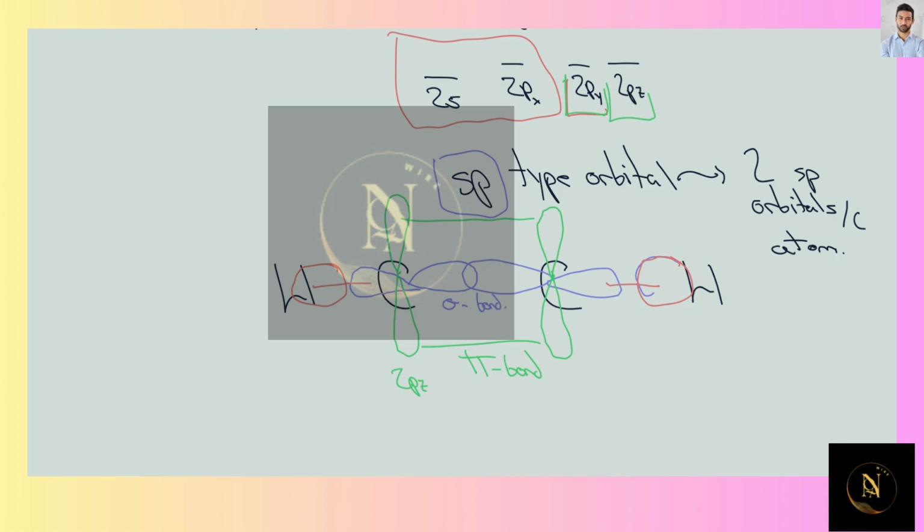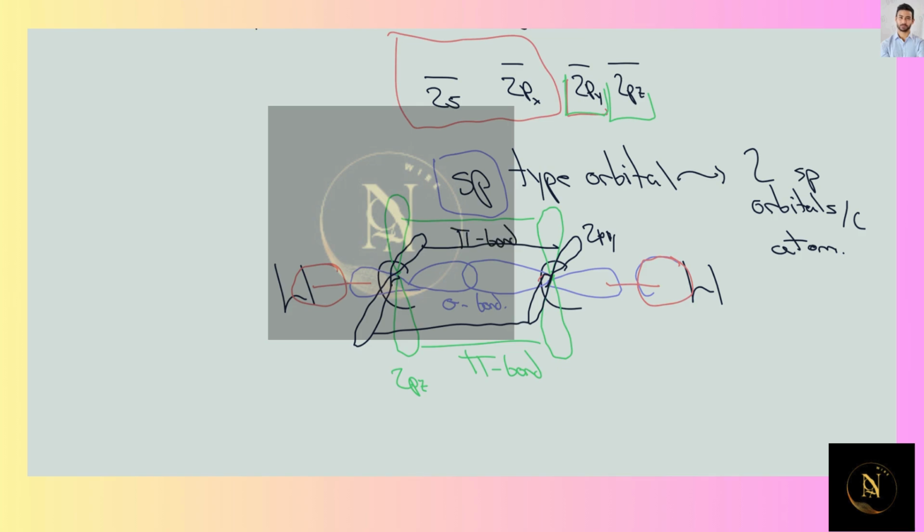And additionally, we're going to have the 2py orbital. I'm going to put it in black, which is going to be perpendicular. And that would generate the extra pi bond.